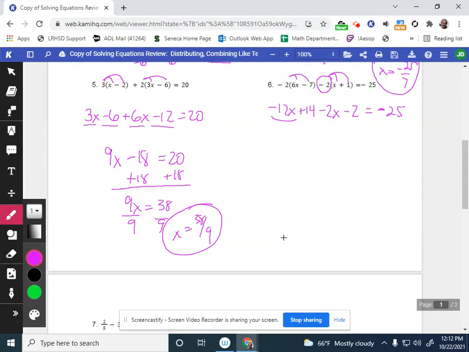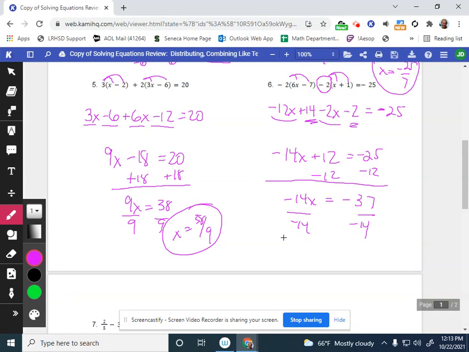I've got my like terms to put together. I've got my regular numbers to put together. And now I'm ready to start peeling. So take the 12 away from both sides. Divide both sides by negative 14. X is going to equal 37 over 14. A negative over a negative makes a positive x.